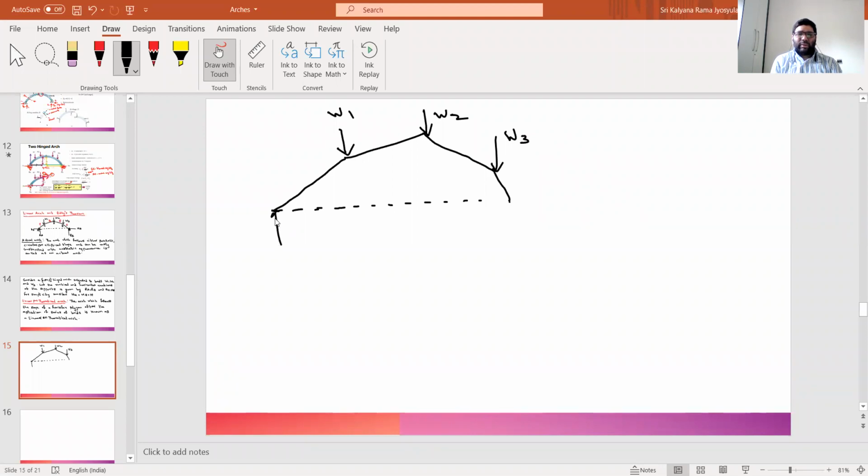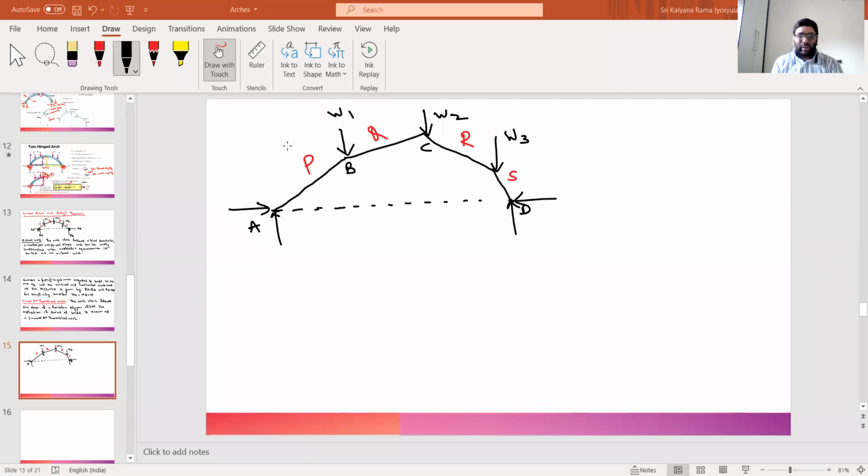So you have reactions. This shape is actually called a funicular polygon. This is A, B, C, and D. And the portions, when we divide, are P, Q, R, and S. Okay.